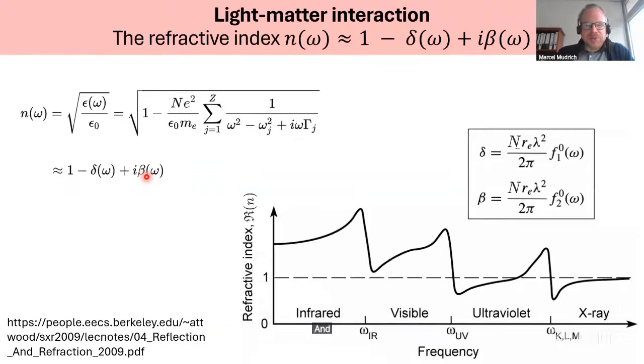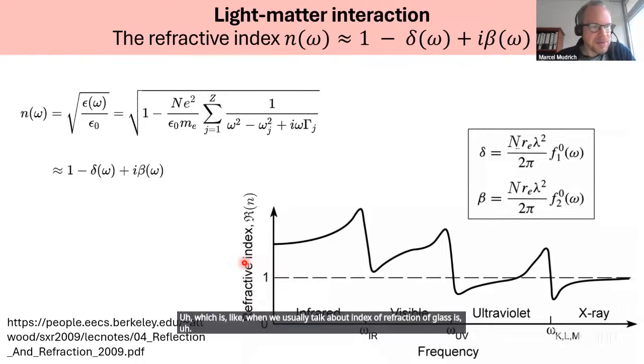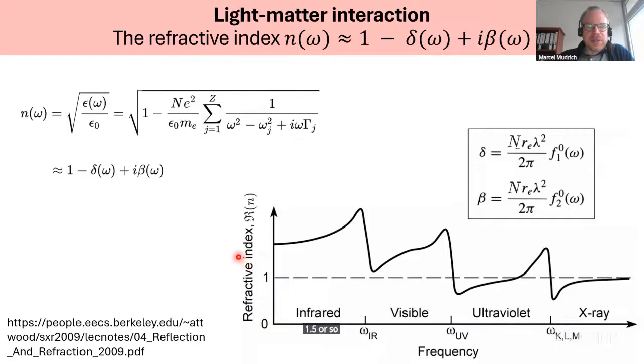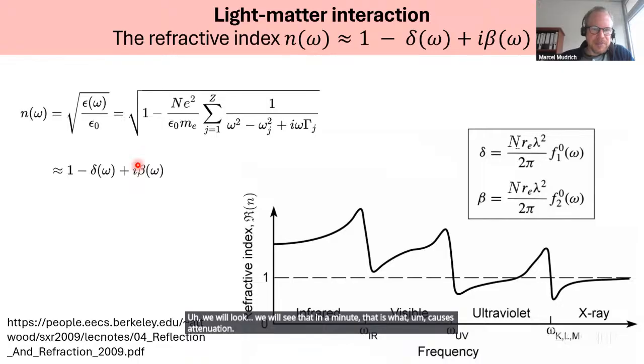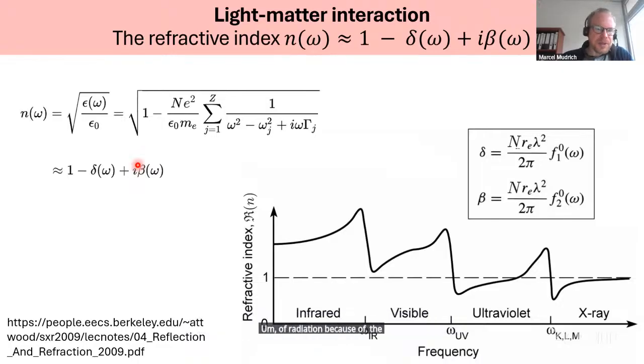The real part is the index of refraction. When we usually talk about the index of refraction of glass being 1.5 or so, we implicitly mean the real part. The imaginary part, we will see that in a minute, is what causes attenuation of radiation because the light is being absorbed in the material.